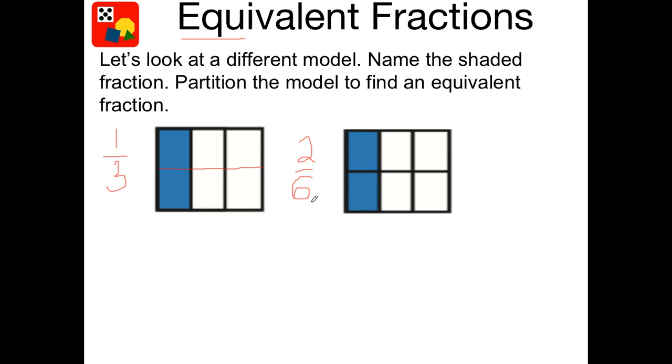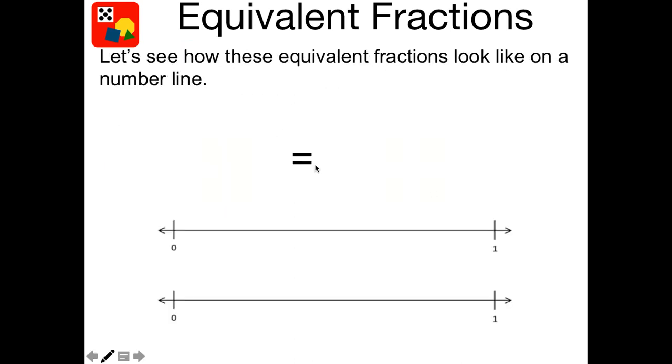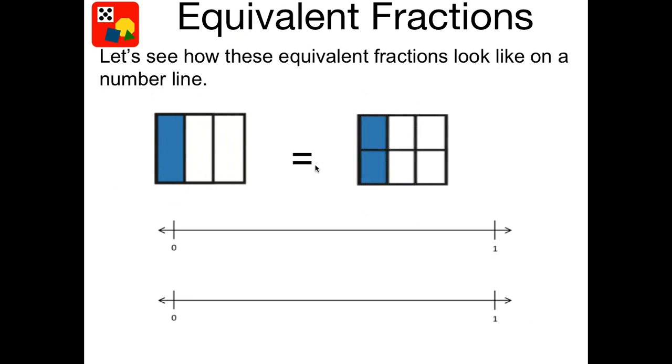So 1/3 is equivalent to 2/6. Now you know what it looks like in the visual. Let's see how these two equivalent fractions look on a number line. I love number lines, you guys. Visuals are awesome.